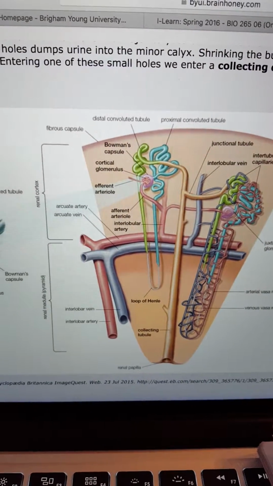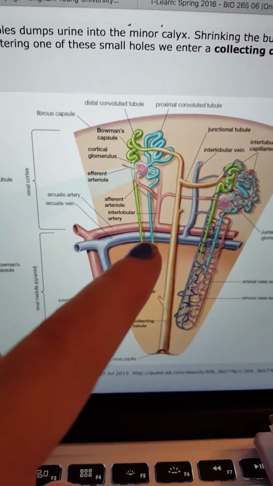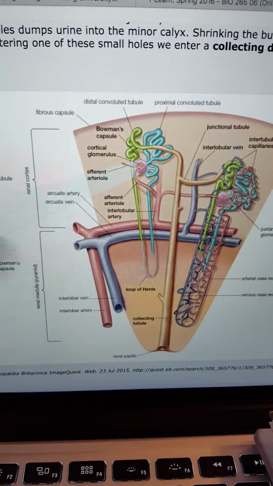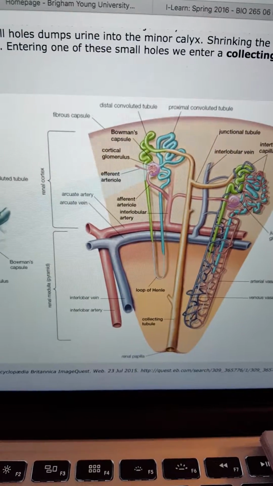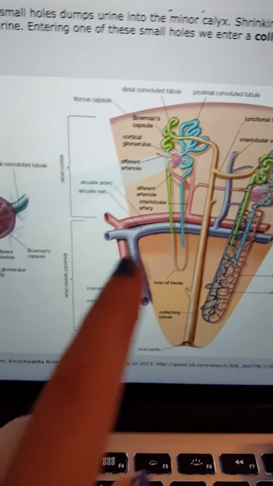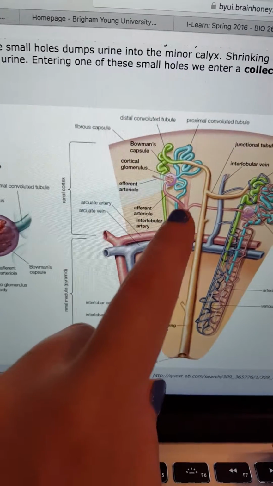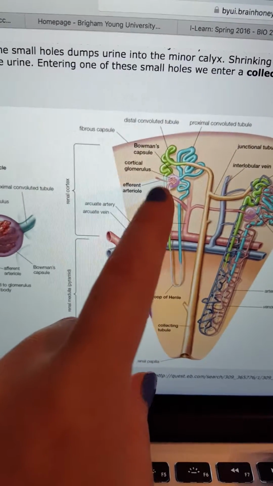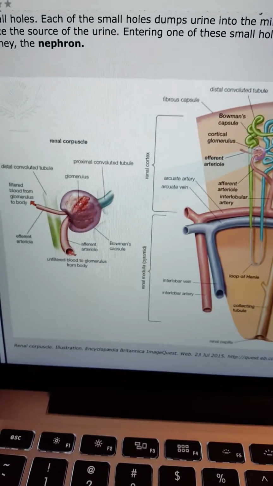From what I can figure out, I believe this is the renal artery, because it says here that entering the kidney, the renal artery branches into smaller arteries and eventually into the afferent arteriole. If you follow it up, you see that afferent arteriole, so that is where the blood comes from. It goes through this artery and into the renal corpuscle.